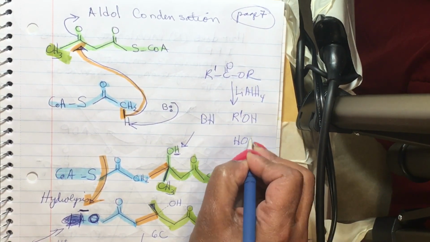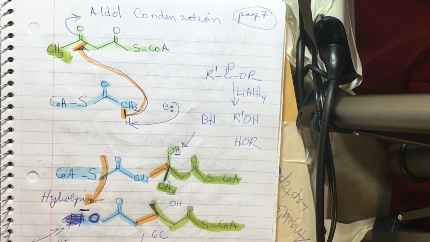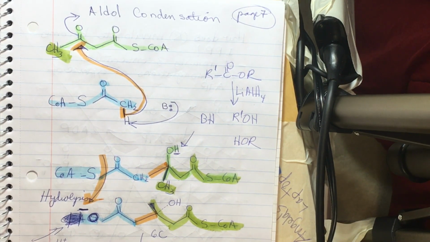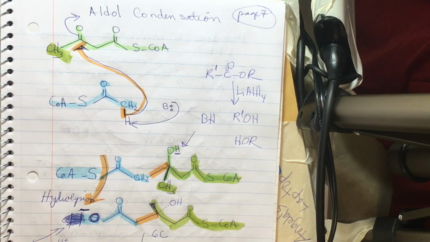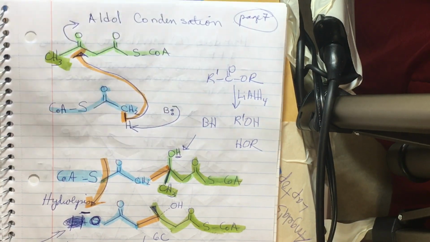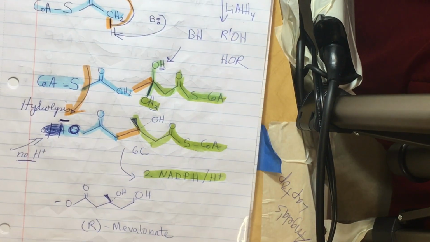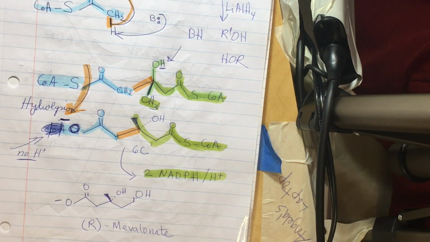So you get two primary alcohols. But in our case, we are getting one primary alcohol, and on the other side, let me just highlight in green, we are not using lithium aluminum hydride. We are using a reducing agent found in biological systems, that is NADPH.